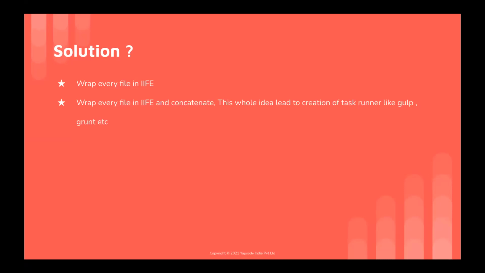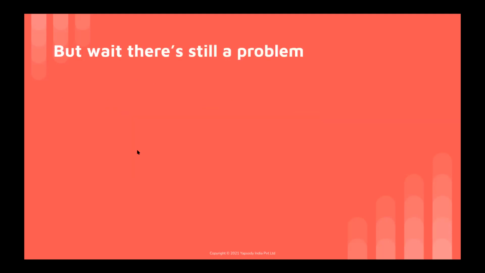This idea of wrapping every file in an IIFE and concatenating them into one big single file led to the creation of tools like task runners, like Gulp and Grunt, and Broccoli, I guess. No, Broccoli is a module bundler, like Gulp and Grunt. So our naming collision problem is solved, but there's still a problem.